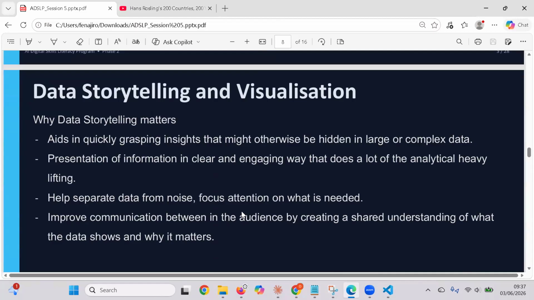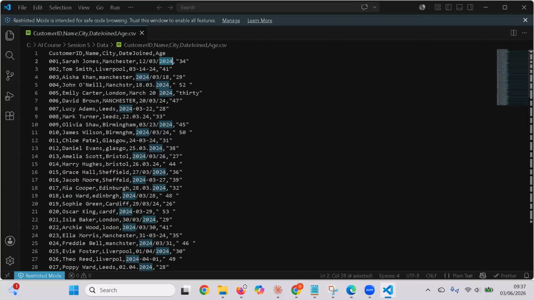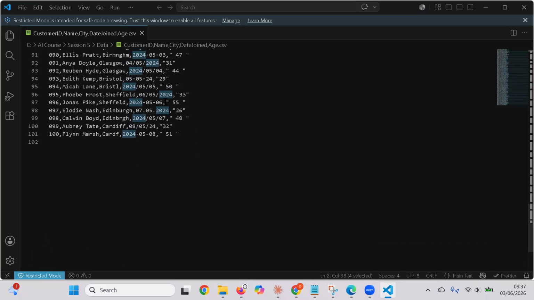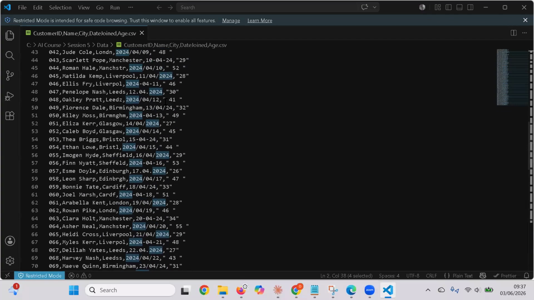Okay, still on data storytelling. Why does data storytelling matter? It aids in quick grasp of insight in otherwise hidden, large, complex data. Exactly. Look at this. This is not really big, but imagine if we have this up to about, let's say, 20,000. It's not clean.